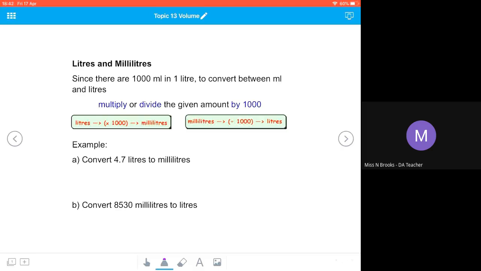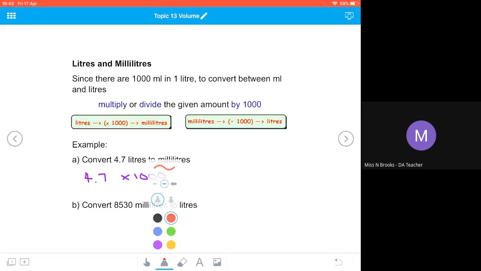We want to convert 4.7 litres to millilitres. So litres to millilitres, we're multiplying by 1,000. So we're going to say we've got 4.7 and we're going to multiply that by 1,000. Now, you can use a calculator. If you don't have a calculator handy, then we're going to use our decimal jumps.